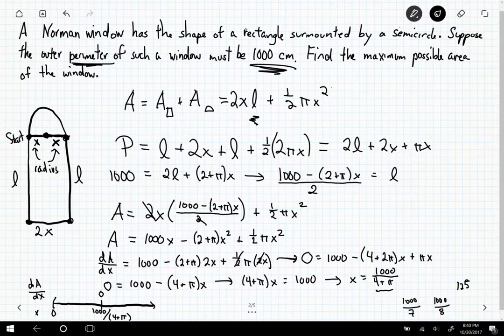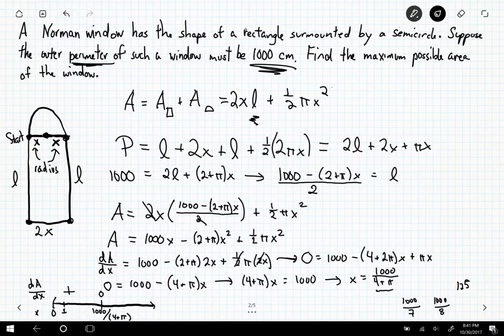So if you plug in, let's say x equals 1, that'll be part of our first test interval. So when we plug in 1, notice you get 1,000 minus the quantity 4 plus pi. Well, shoot, if we do that, just the 4 plus pi times that, notice you're going to get 1,000's a much bigger number than that. So you have a positive sitting right there. In terms of the other values, let's pick a number larger than 125, essentially.